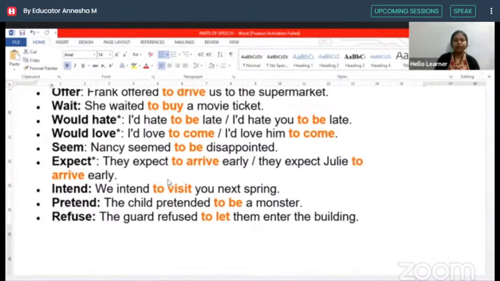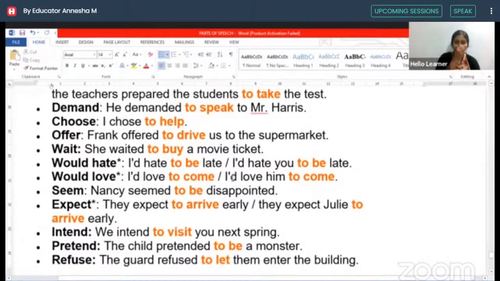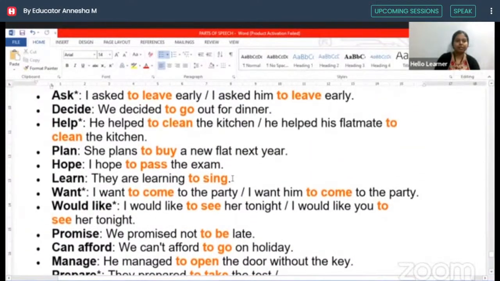Okay. Let's try and make some sentences, guys. Take screenshots, please, so that you can make sentences later as well. Chaliye, let's try and make some sentences with infinitives. यही verbs use करके infinitives में sentence बनाएंगे. चलिए, anyone who wants to start? Let's start with hope or learn or would like, would love, ask, help.